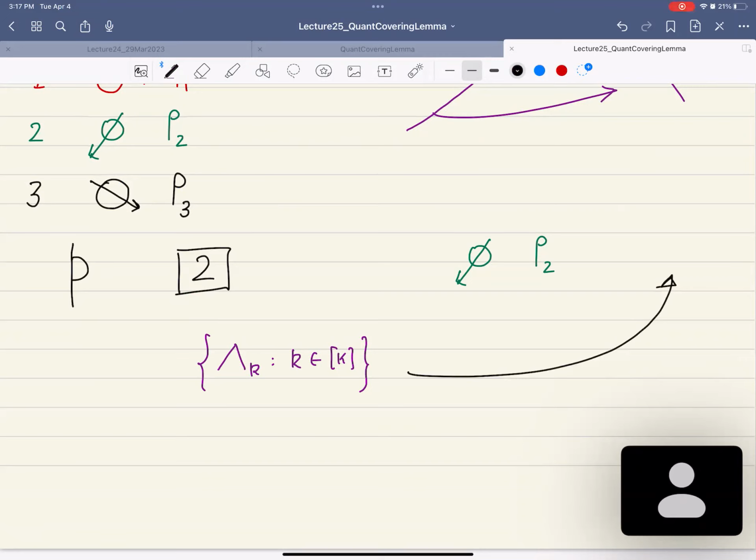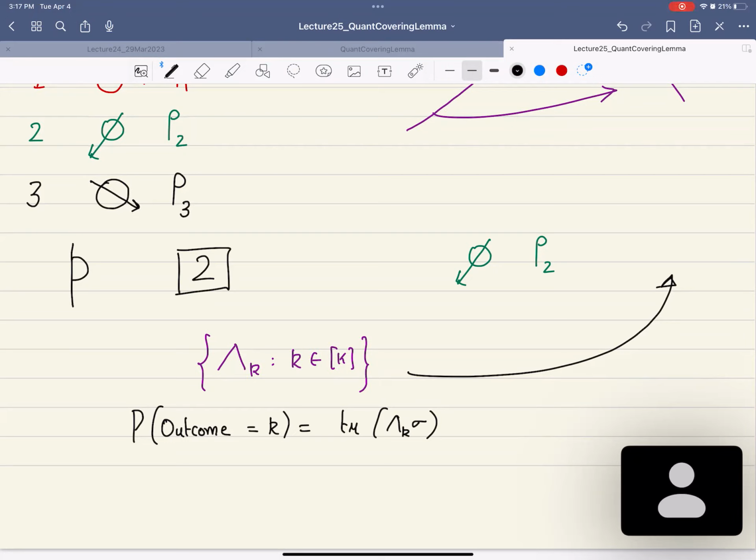What is the distribution of his outcome? Well, the probability that the outcome is k, I claim, is trace lambda k sigma. Correct? Everybody is okay with this? Just put a thumbs up if everybody is okay with this. Okay, great.